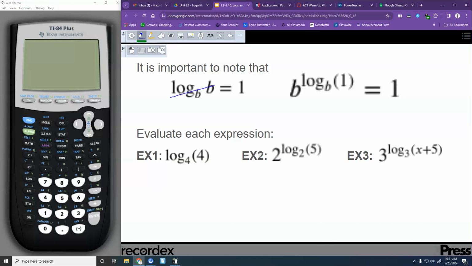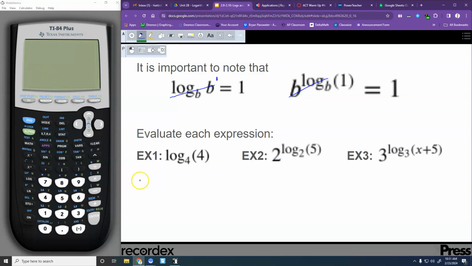If I do b raised to the power of log base b of x, this is the log of the same number. I could even put an exponent of 1 right there, that's why that equals 1. If I do a base raised to a log with that same base, those essentially just cancel out, right?